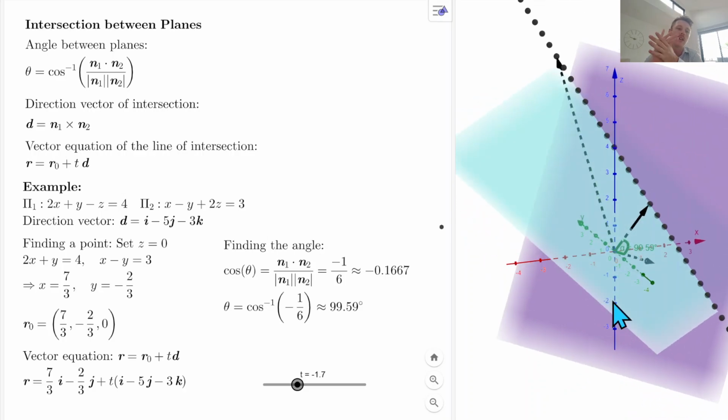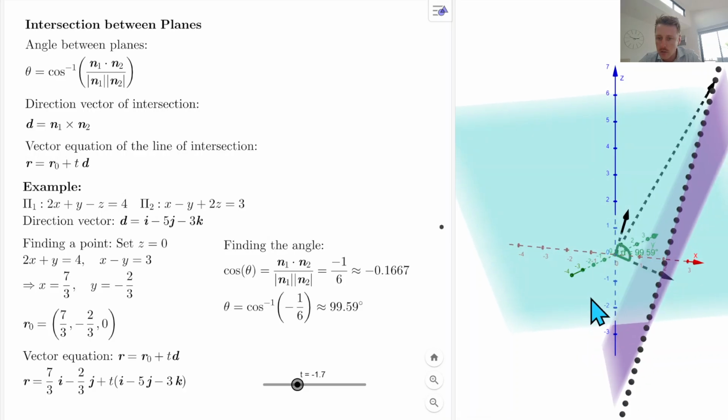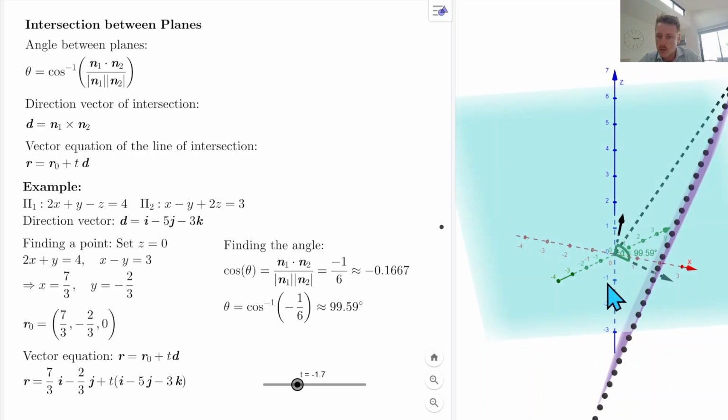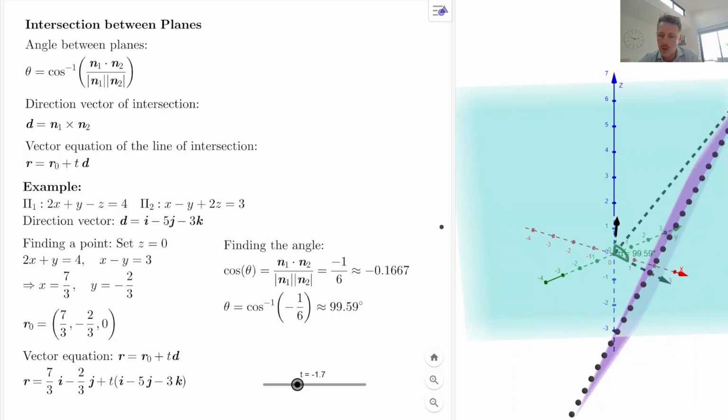Sometimes if you take the angle between two planes, you'll be given the obtuse angle. You need to remember that you need to look for the acute angle. And now I'm just thinking to myself, that looks like it's the obtuse angle, 99. Yeah, the acute angle would be less because, let me think.